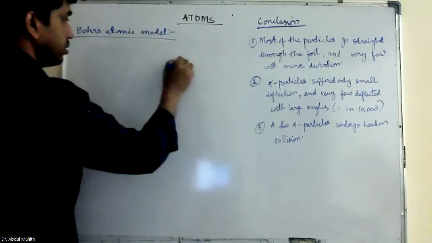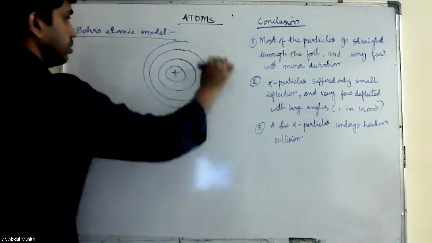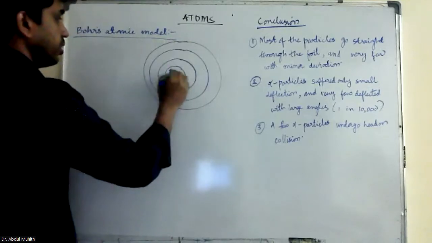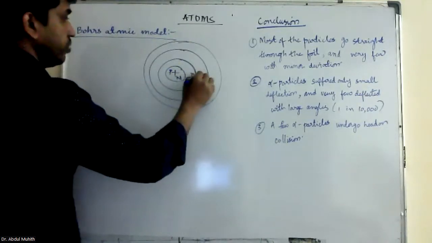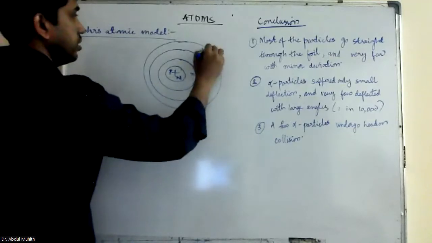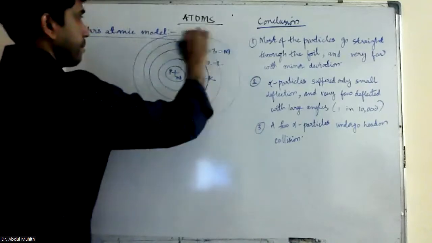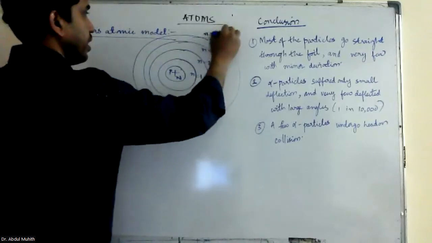See, this is the nucleus, first orbit, second orbit, third orbit. This is protons and neutrons. N equal to 1 is K. N equal to 2 is L. N equal to 3 is M. N equal to 4 is N.